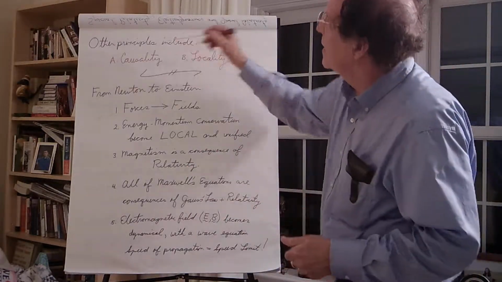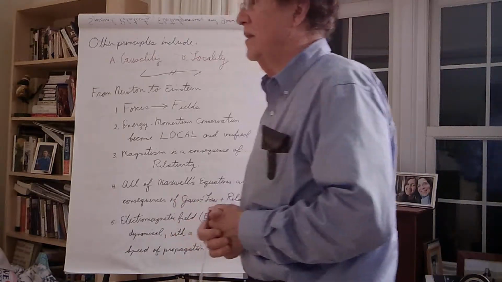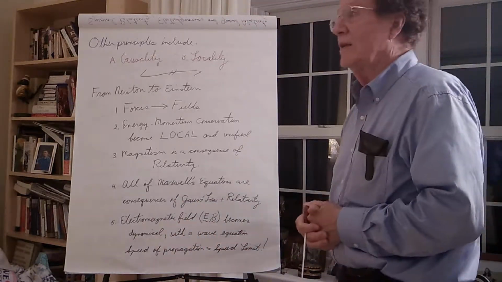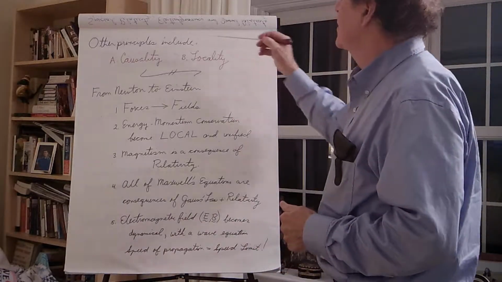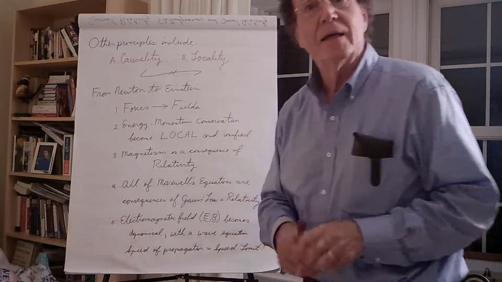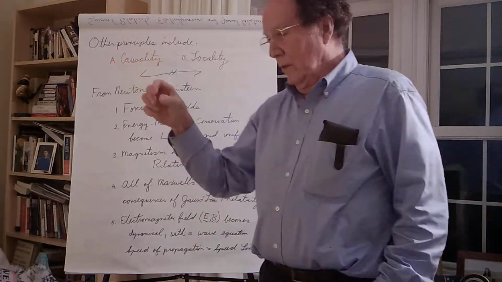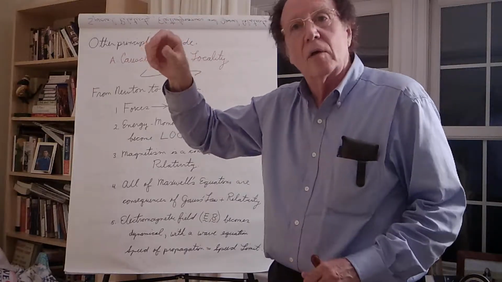So we have the idea of causality, and that's a critical idea in special relativity and in general relativity, and we'll utilize it. Another idea we're going to use very much in relativity is locality. That is, when we disturb a region of space-time, we disturb it locally.